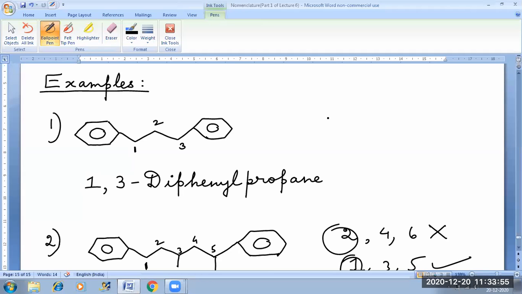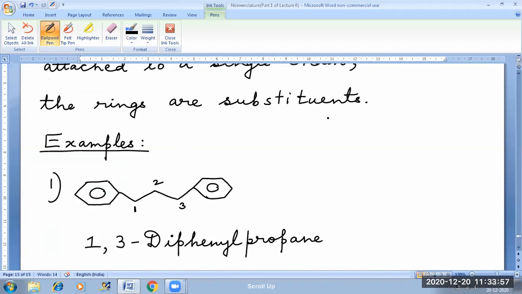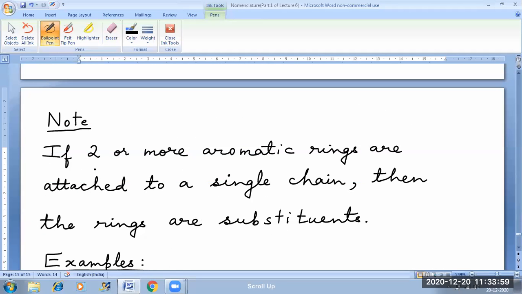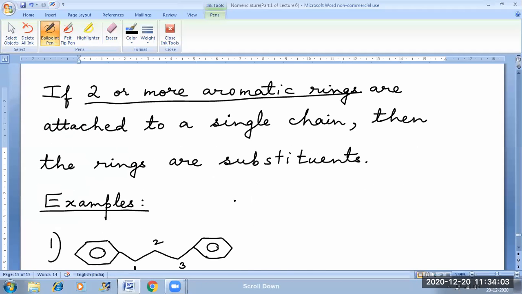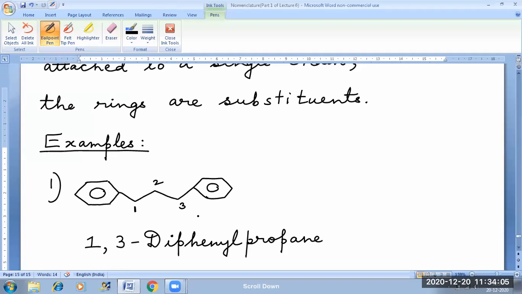So this is one example, and this second example, you can note down. So if two or more aromatic rings are attached to a single chain, then the rings are substituents.